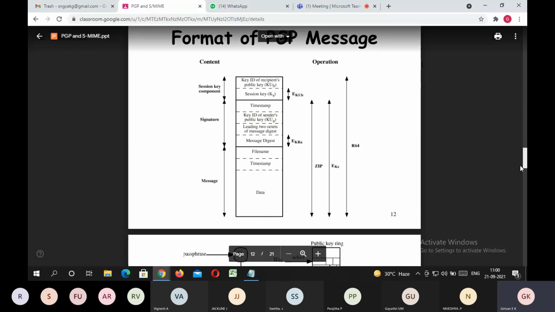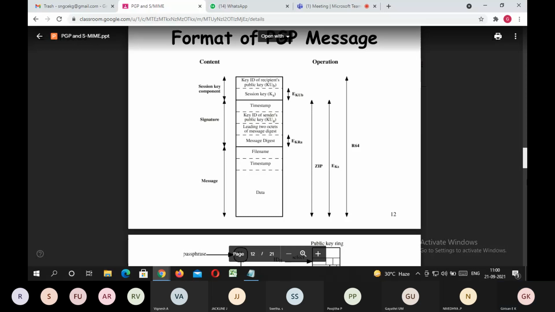Here, the compression will be done only for the signature part and the message using the zip algorithm.